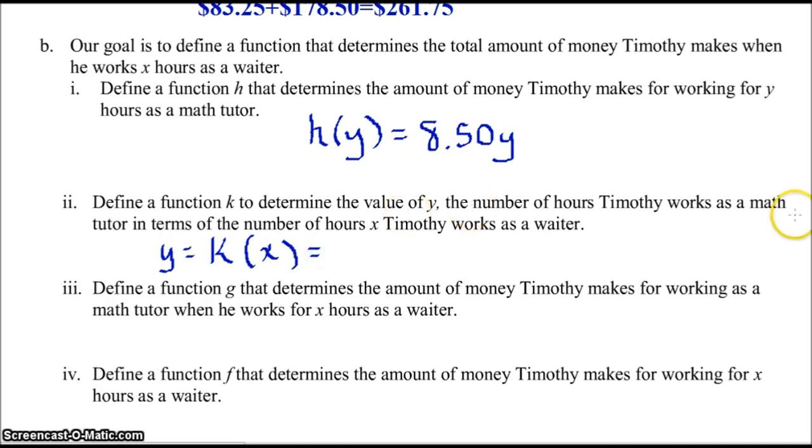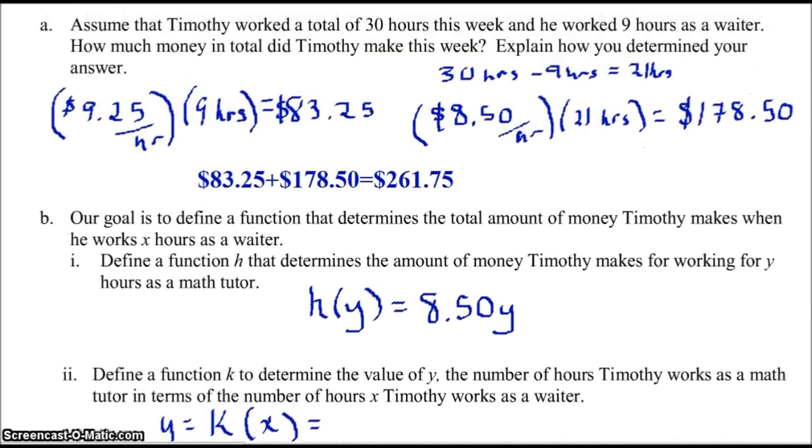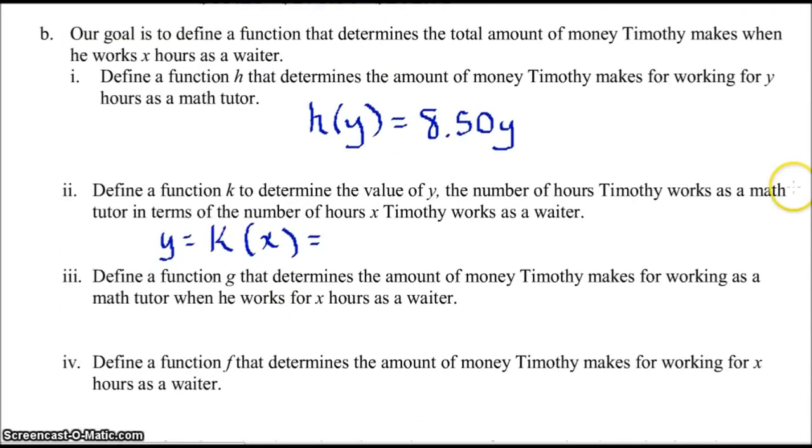And just like we did above, where we had 30 minus 9, we can find the number of hours that Timothy works as a tutor by 30 minus x. Notice the connection between these two parts, with y as the number of hours worked as a tutor and x as the number of hours worked as a waiter, and the relationship between those two. y equals 30 minus x.